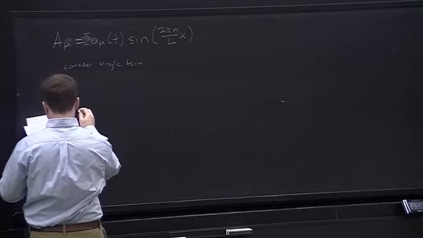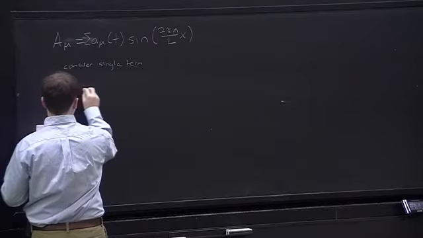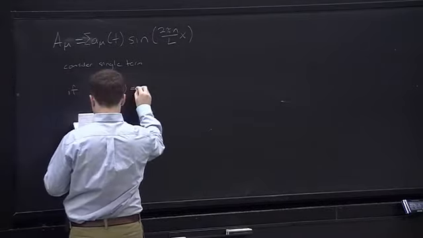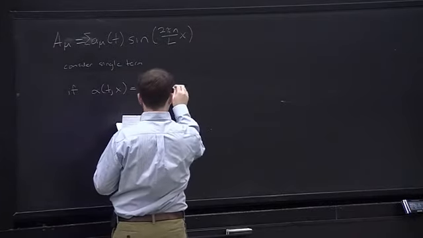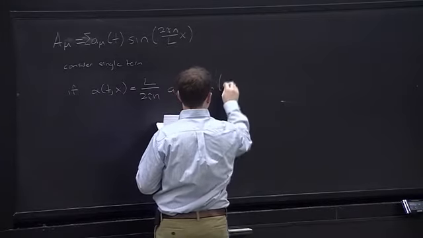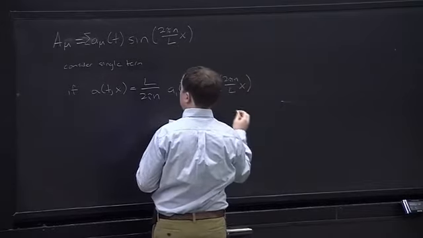Then we can use a gauge transformation. We choose alpha(t, x) to be L over 2 pi n A1(t) sine of 2 pi n over L x.